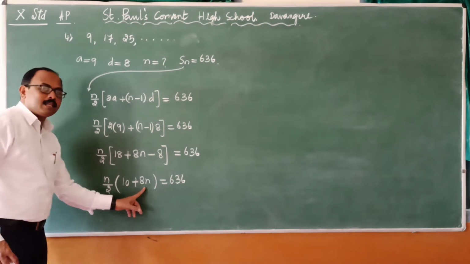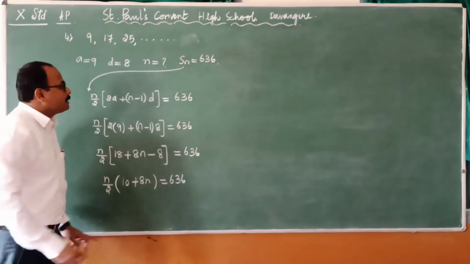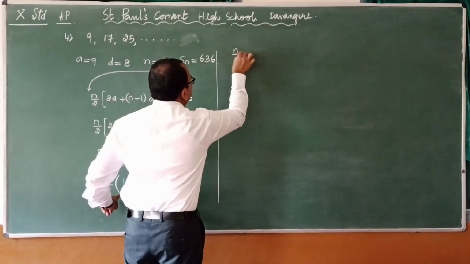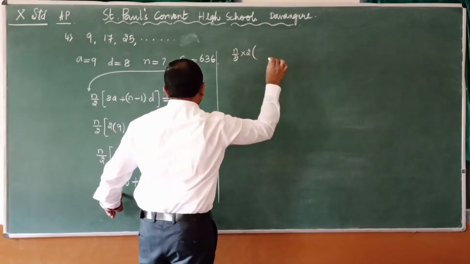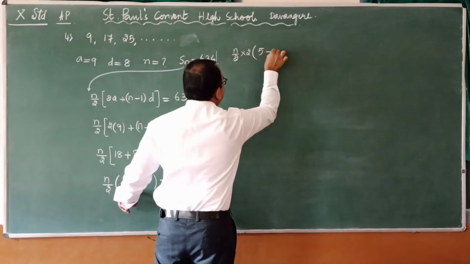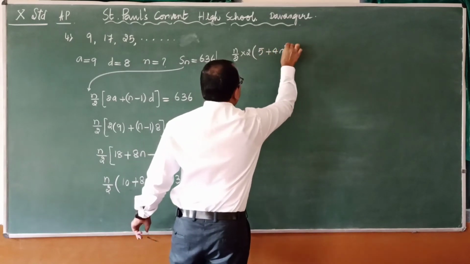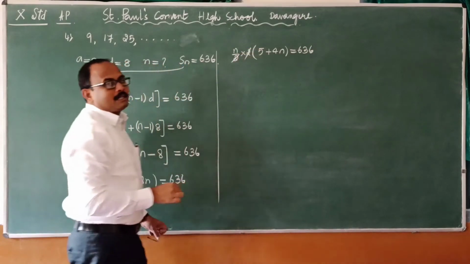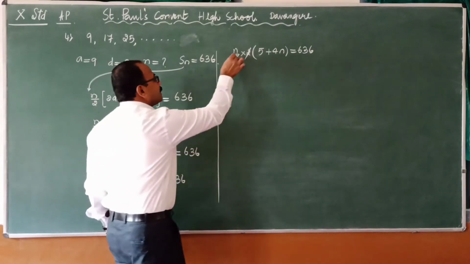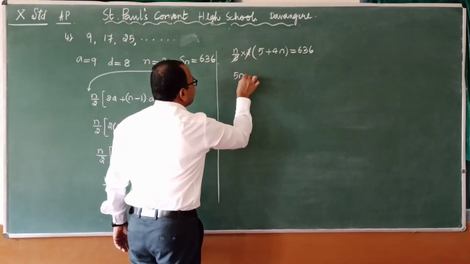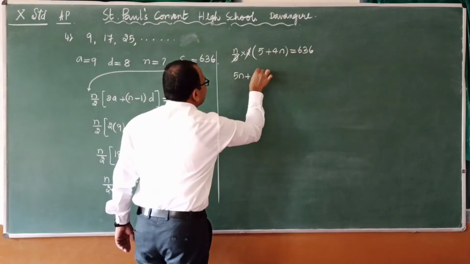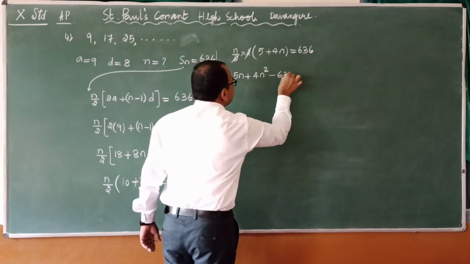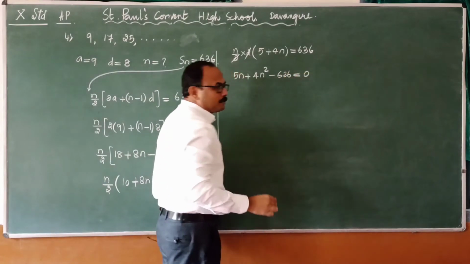Therefore, from these two terms, let me take 2 as common, children. N by 2 into 2 is taken as common. Remaining 5 plus 4n, which will be equal to 636, children. These 2 and 2 get cancelled. Further simplification, n into 5 is 5n, n into 4n is 4n square, transposing, minus 636 is equal to 0.